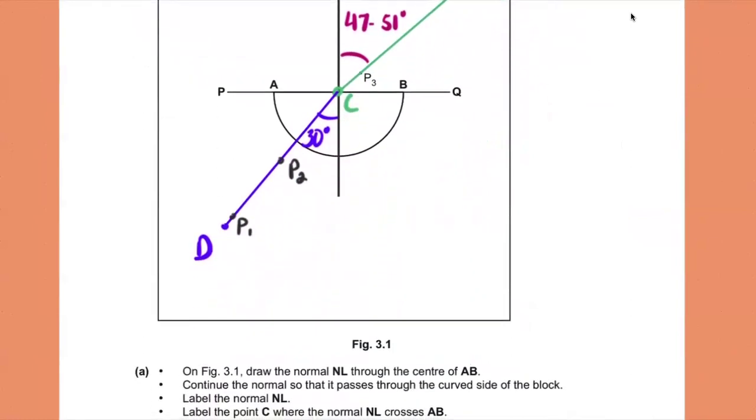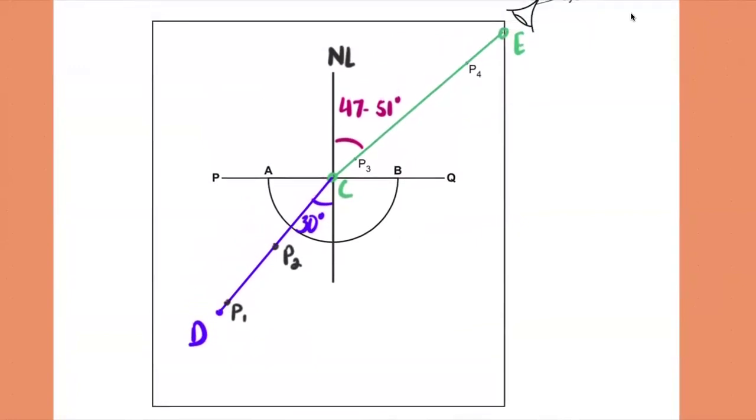Previously this was given on figure 3.1: draw the normal NL through the center of AB. You look at how much AB is and you place your normal line, labeled NL, at the center. While drawing the normal, you should also mark this angle to show that it is perpendicular.